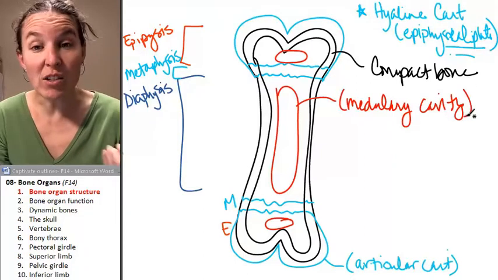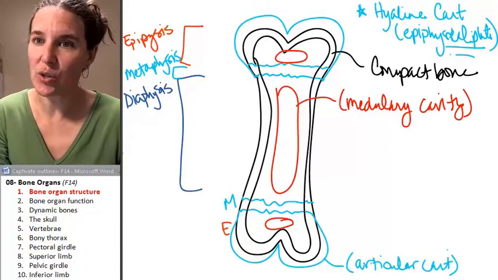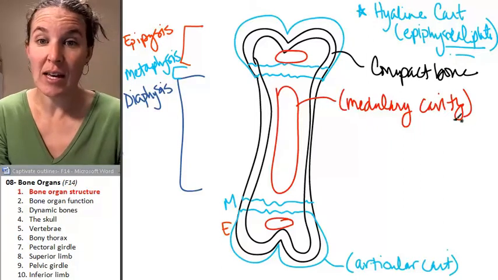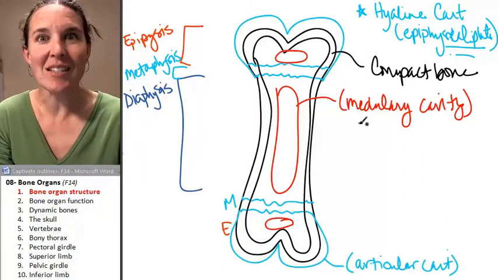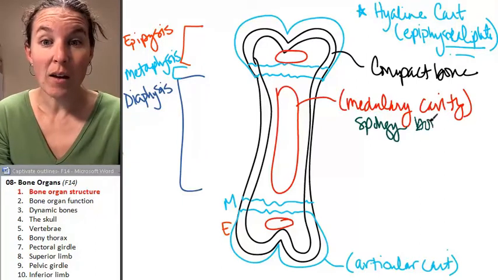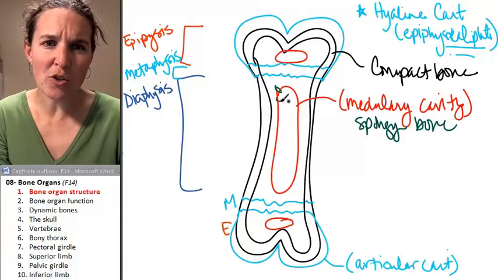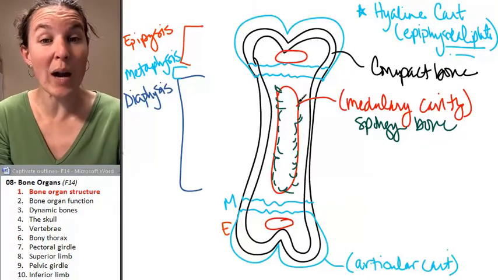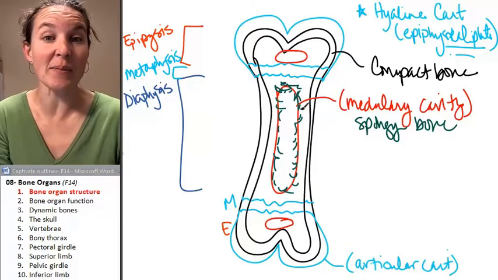And it's filled with different kinds of tissue. One of the tissues that we're going to find in there is spongy bone. Spongy bone trabeculae are found around and in the medullary cavity.